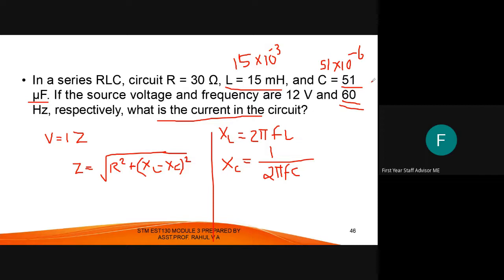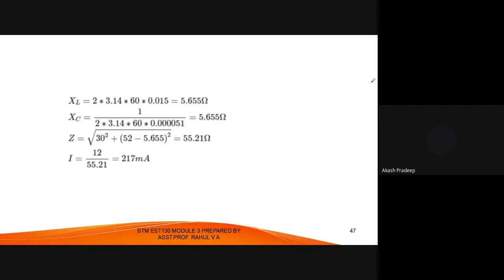So XC in the value and then... Sir, 52.01. 52.037. 52 ആയിട്ടത്. ഓക്കെ ഓക്കെ, എല്ലാവർക്കും 52 ആയിട്ടത്.